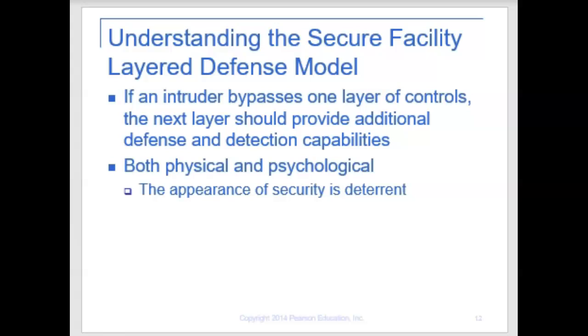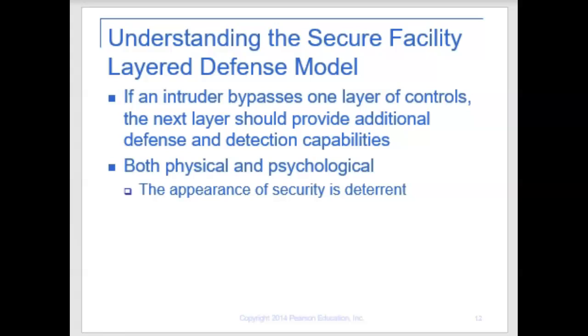So that's kind of a quick overview. That was some exciting stuff, I think. There's a lot to consider. So it's all tied into layered defense, right? The technical controls, the physical controls, the human activity, etc. So the premise of a layered defense model is that if an intruder can bypass one layer, the next layer of control should provide additional deterrence or detection capabilities, right?